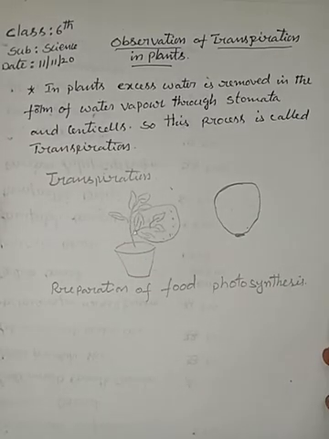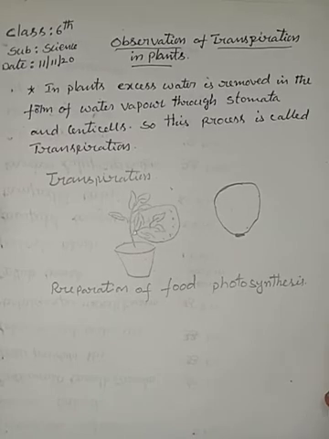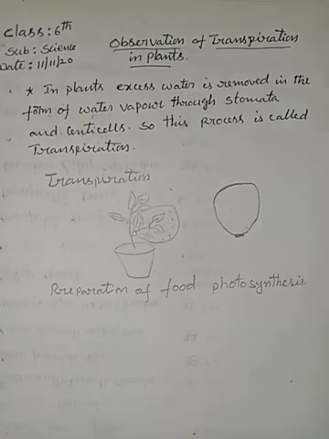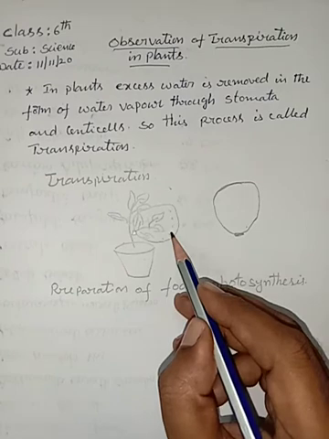Okay, children. Plants release excess water from their body through stomata and lenticels. This process of releasing water in the form of water vapor by leaves is called transpiration. This water vapor condenses and is seen as water droplets in the polythene bag.